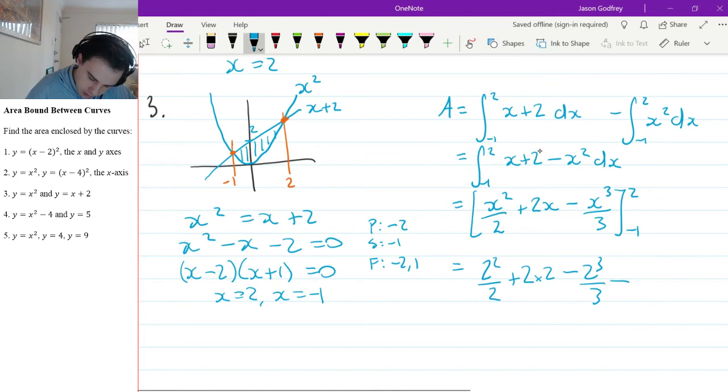Now minus, make sure you put all this in brackets, because if you just write minus and then start doing this, you'll add this when it should be minus, and you'll subtract this when it should expand out to be a plus. So we've got -1 squared on 2, plus 2 times -1, minus -1 cubed on 3.